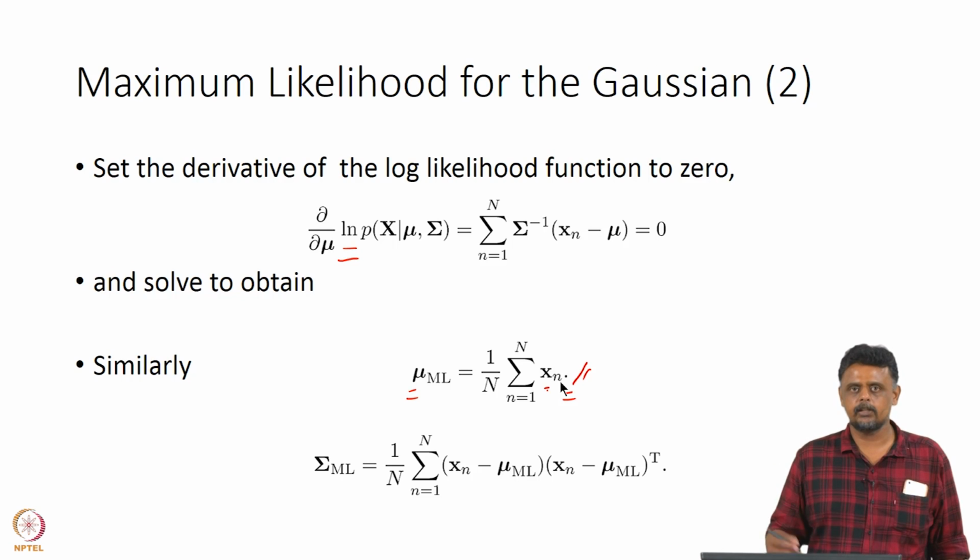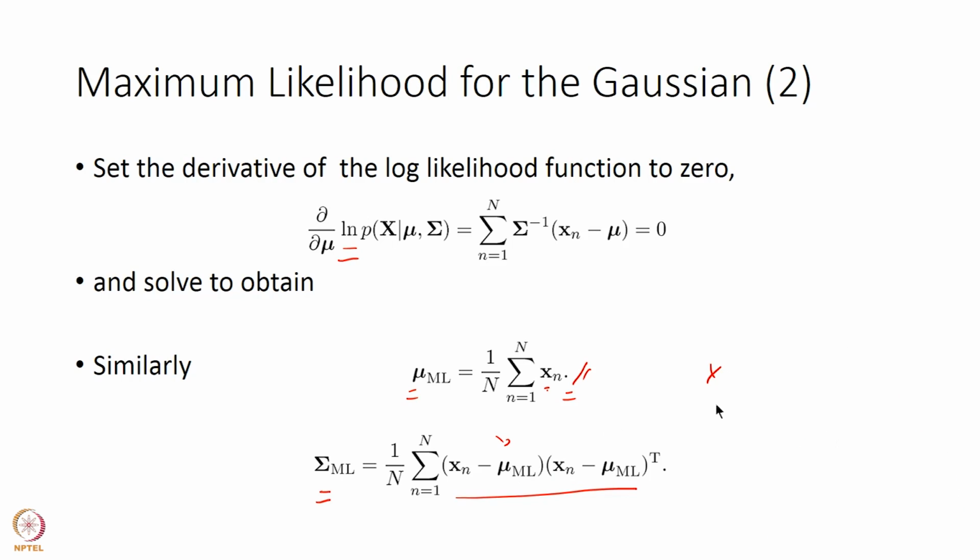So, for every dimension you have to independently calculate the mean, and once again the covariance matrix is given by this expression, the average of the expectation of this term here, x minus mu ml times x minus mu ml transpose. Again remember, x and mu are vectors of dimension d. Okay.